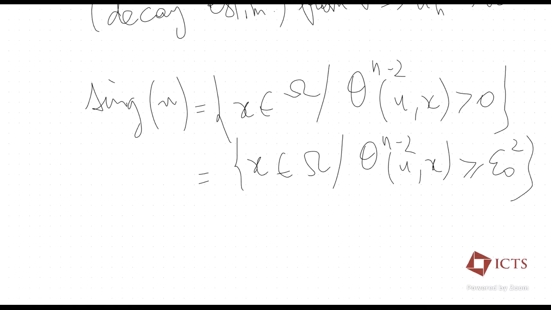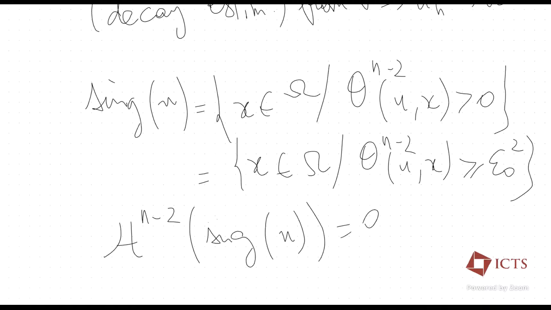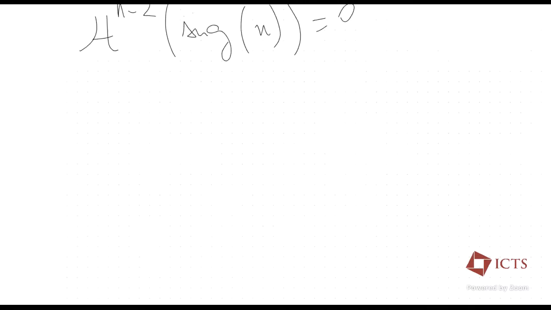And the n minus 2 Hausdorff measure of this set is 0. Okay, so this is really the monotonicity. This type of statement is just monotonicity plus covering. So this follows by the monotonicity.